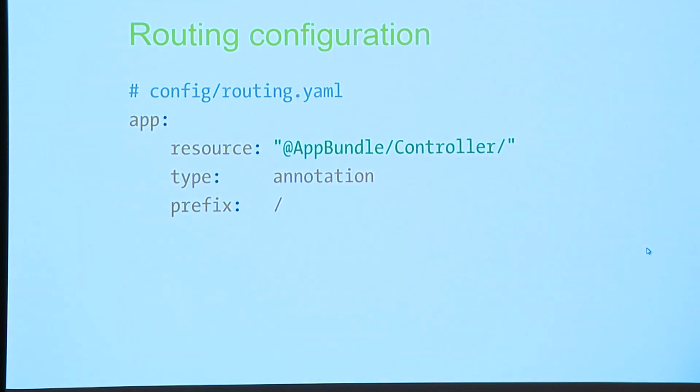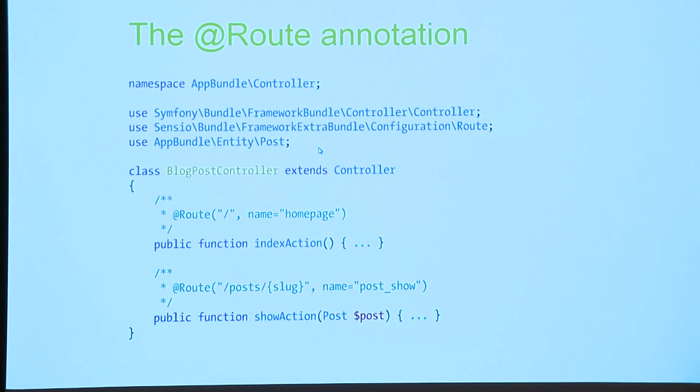So we did use annotation already for our routing. This is the configuration that is shipped by Flex to enable annotation support for your controllers. This app bundle is old. I should update the slide. So yes, just add route and the route declaration there.